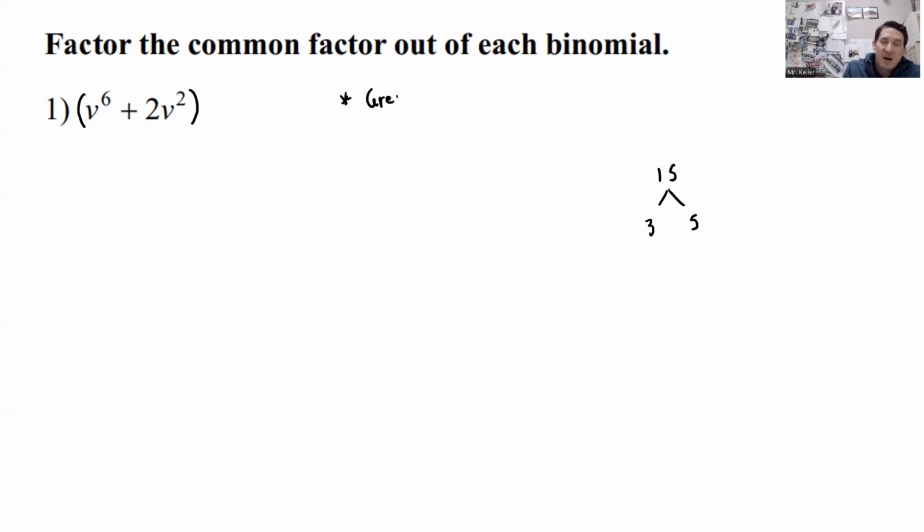The greatest common factor is the largest thing that those two terms have in common. We'll be referring to this as the GCF from now on because I don't want to say greatest common factor every single time. So it's going to be GCF.